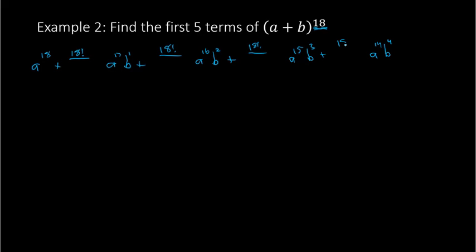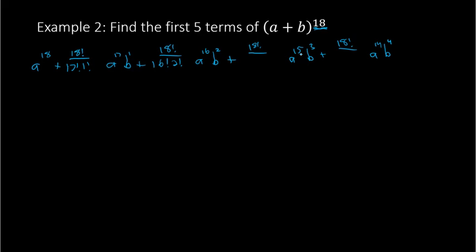And then the denominator we find by looking at the other exponents. So for the second term here, we have a to the 17th power, b to the 1st power. So we have 17 and 1 as our exponents. So we have 17 factorial and 1 factorial. The next term we have 16 and 2 for our exponents. So we have 16 factorial and then 2 factorial.